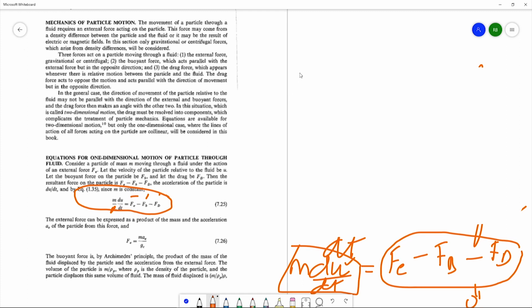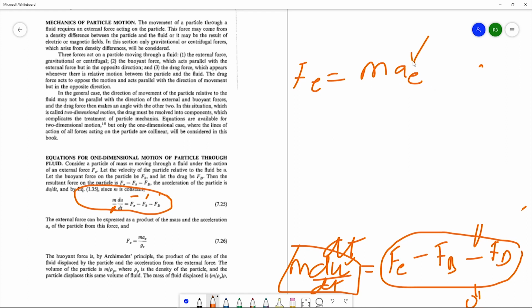So what is the Fe? This is external force. In this case, first we are considering gravity. It can be any centrifugal force as well. So I will write m A_E. So force due to external force is nothing but mass of the particle into the acceleration due to the external force, right?